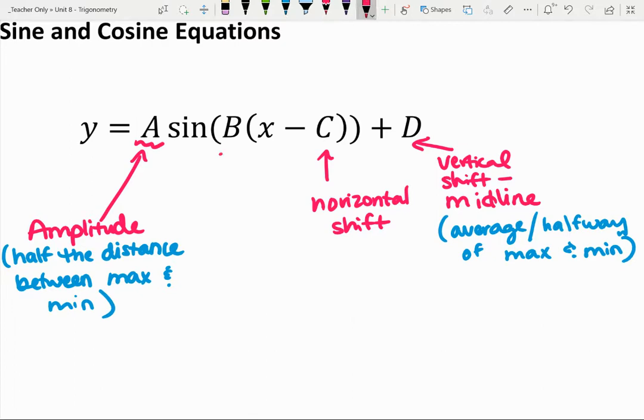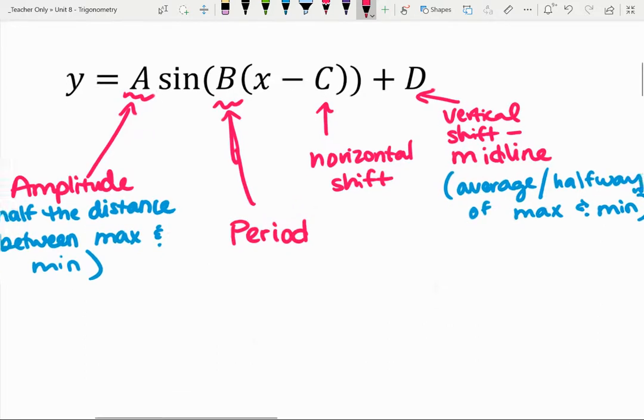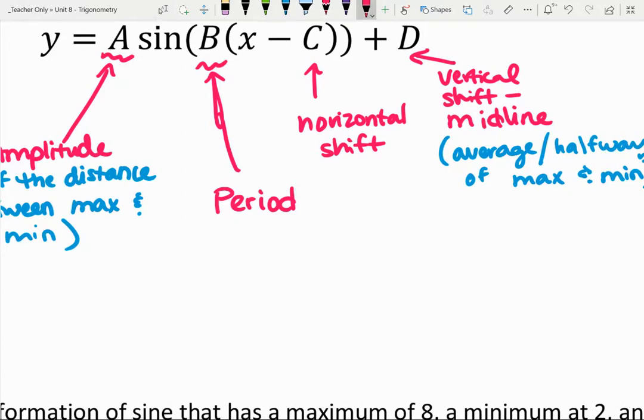And then one more value in here, this b value, can tell us about the frequency of the graph in 2 pi units. But just as it can tell us about the frequency, it can also tell us about the period of the graph if we do a little bit of extra calculation. So remember, the period is the length of one cycle, so we keep that definition in mind.